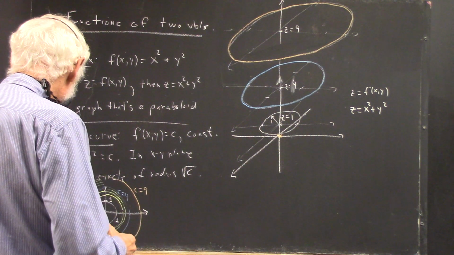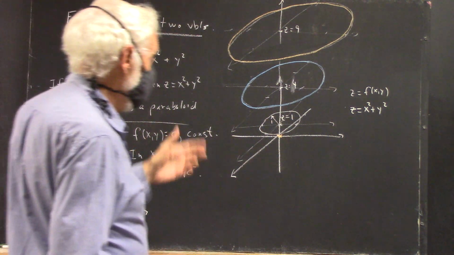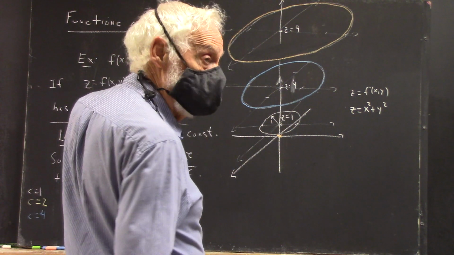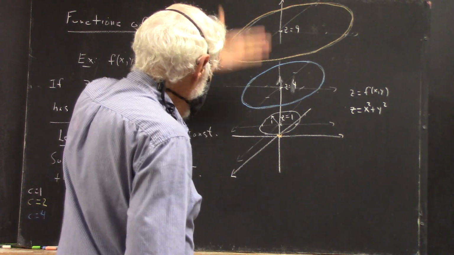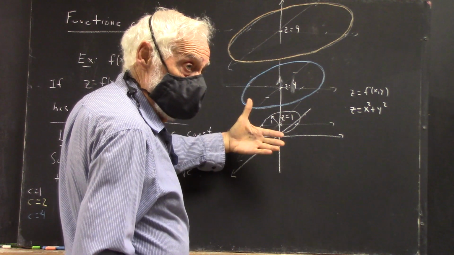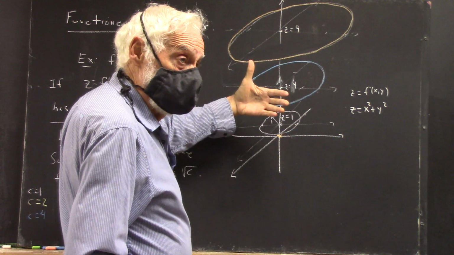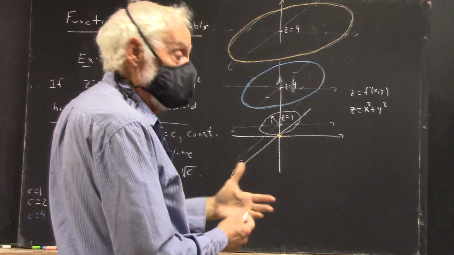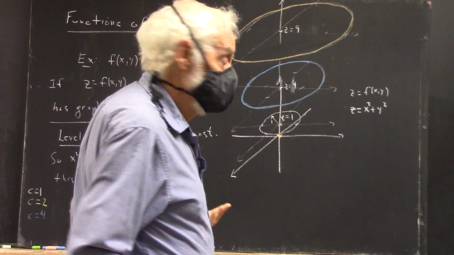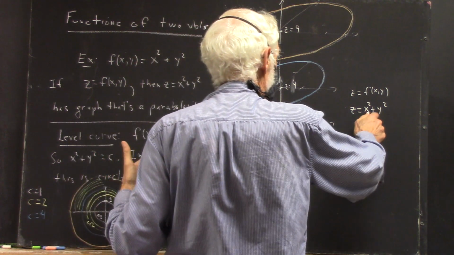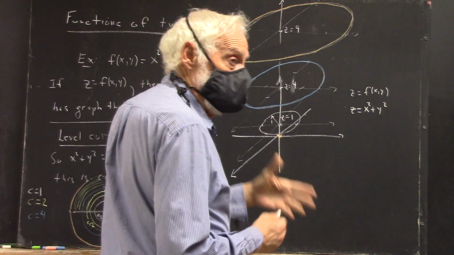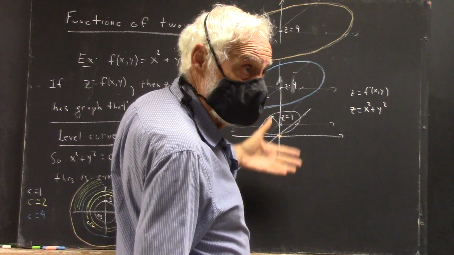Now in this case, we know what this shape is going to be. It's going to be a paraboloid. So in any vertical plane, we cut this thing and we get a parabola. Okay, for example, if x is 0, the plane x equals 0, that's the yz plane.